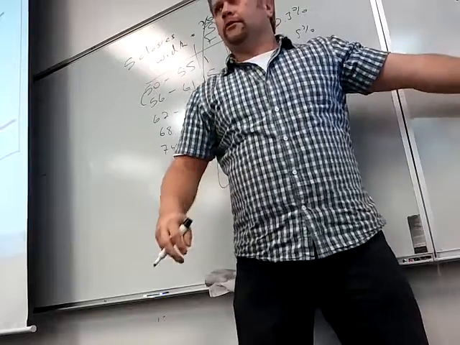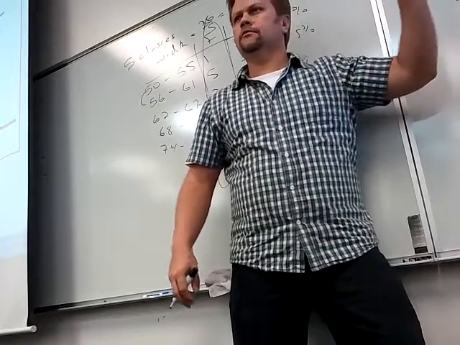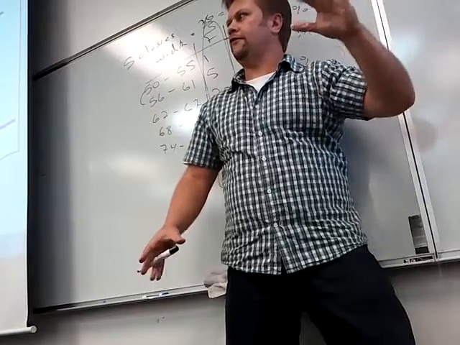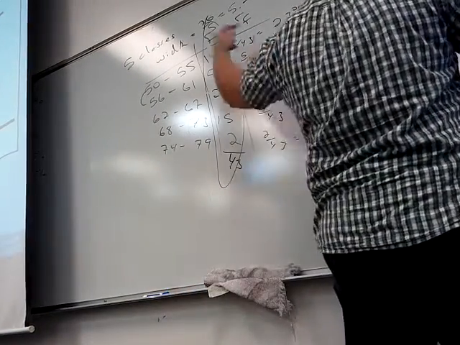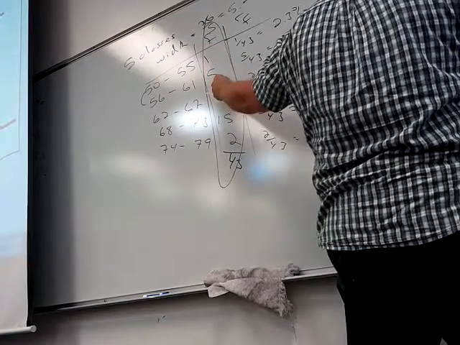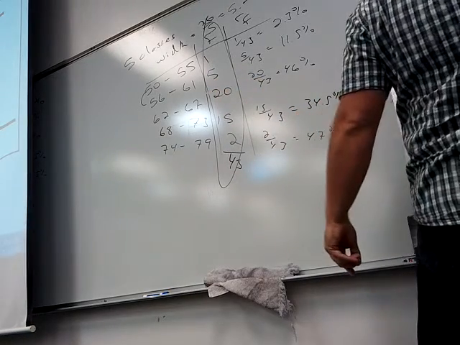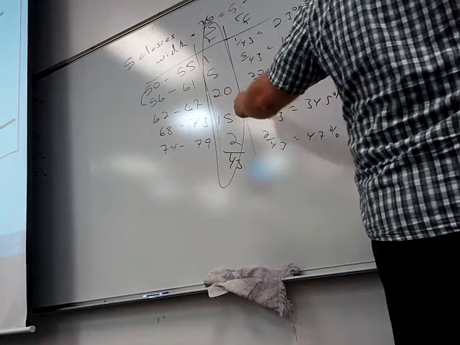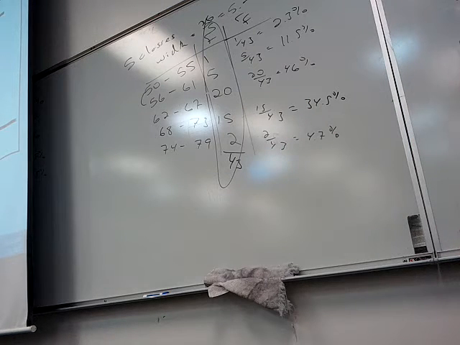Do not forget your labels. Label what this is, label what this is. Cool? I will take points off for forgetting the labels. And then the last step is the easiest step yet. This will be up to 1. This will be up to 5. 20. 15. And 2.